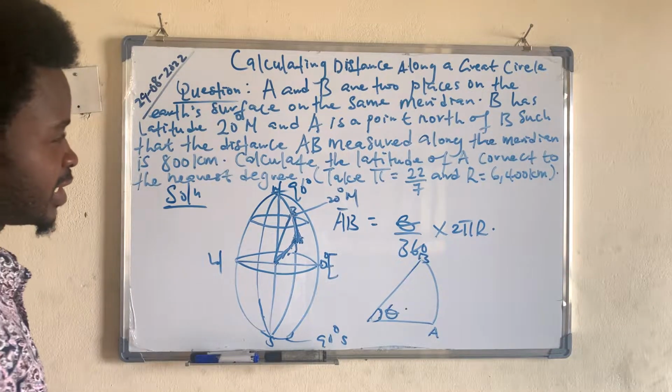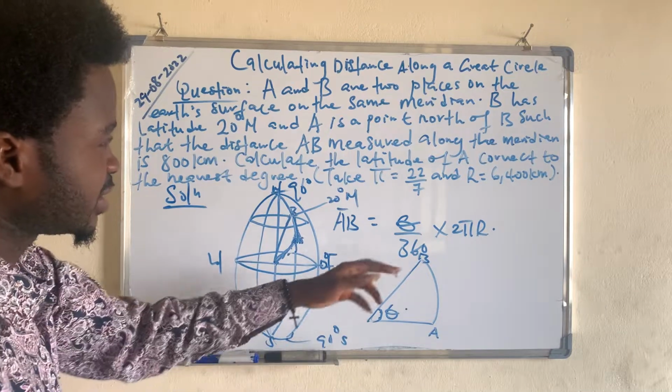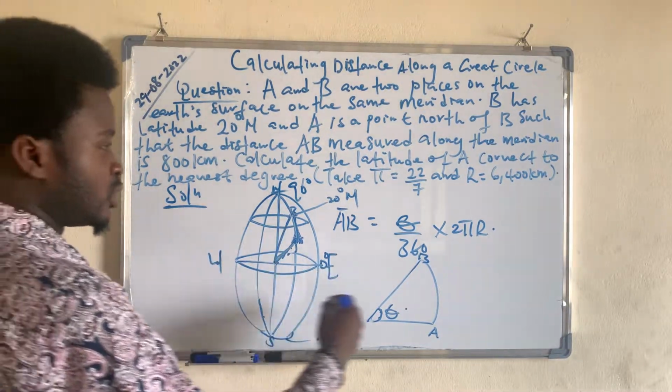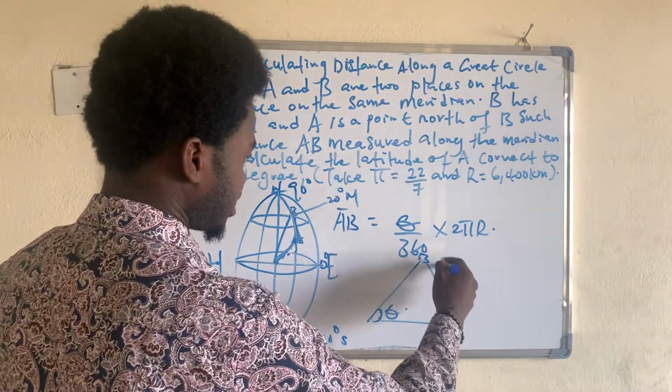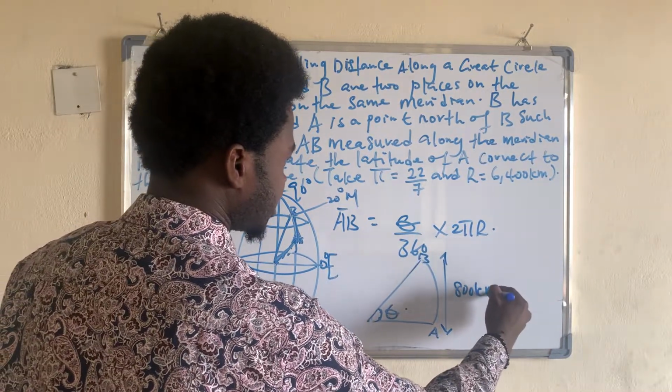Now, to get the latitude of A, we know that AB is given to us. AB is the distance, the arc length, and the distance here is 800 kilometers.